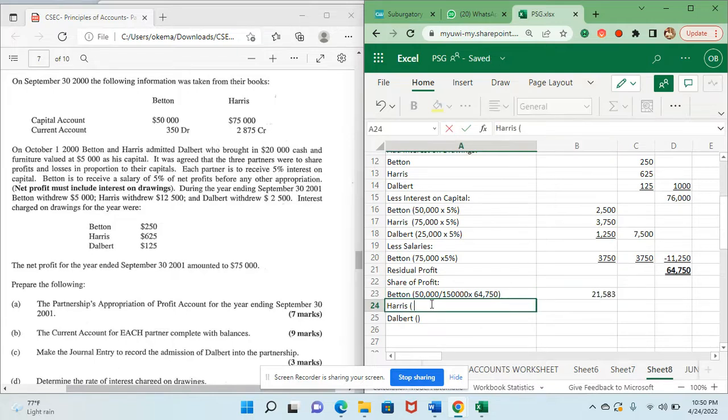So Harris, we're doing the same thing. So it's 75. And we're dividing that by 150 and multiplying it by 64,750. And again, we could have simplified this as well. And same thing with Albert.